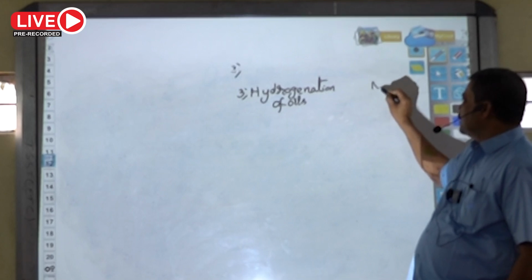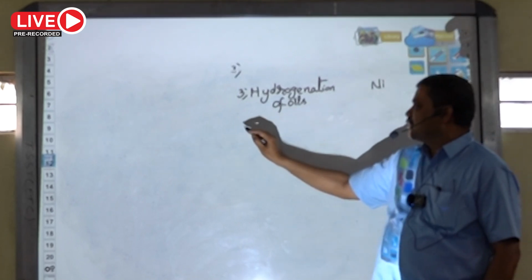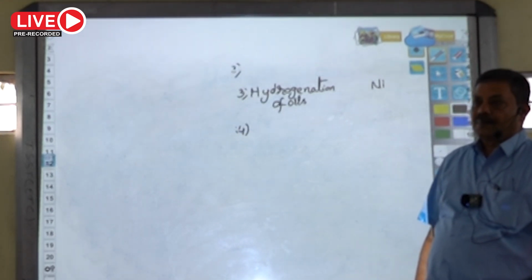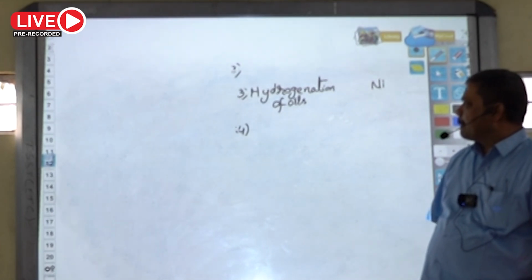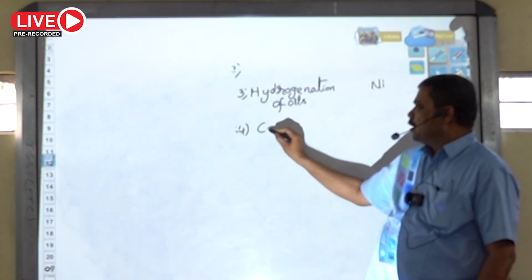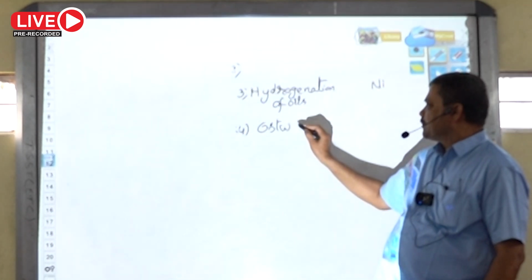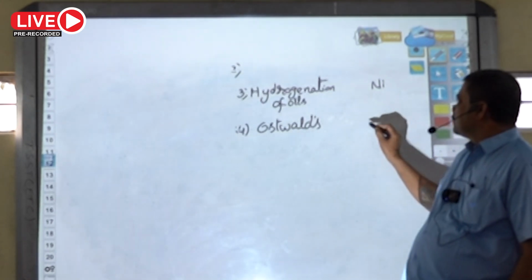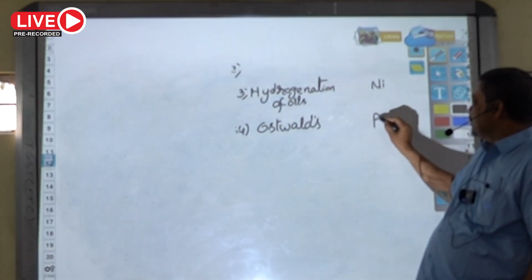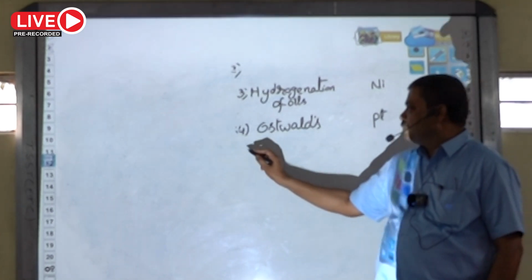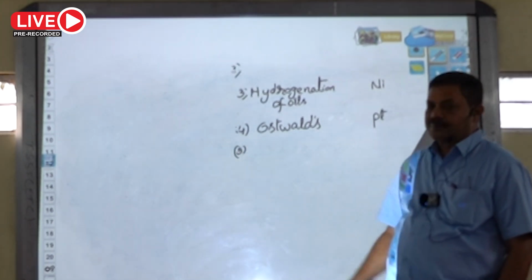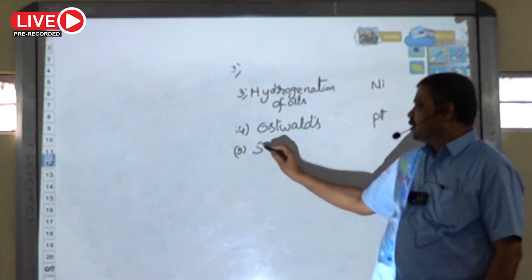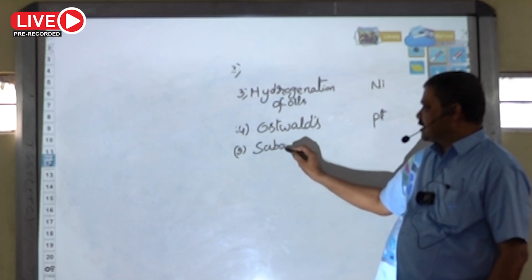We use nickel catalyst. Number four, Ostwald's process. Platinum is the catalyst. Then the Sabatier-Senderens reaction.